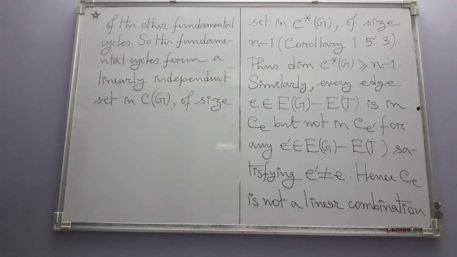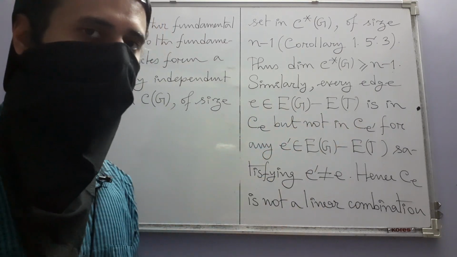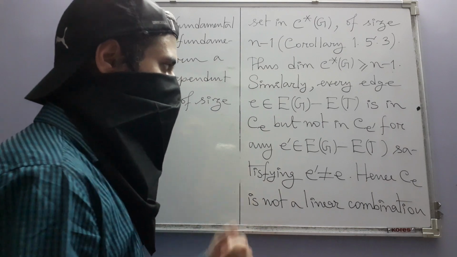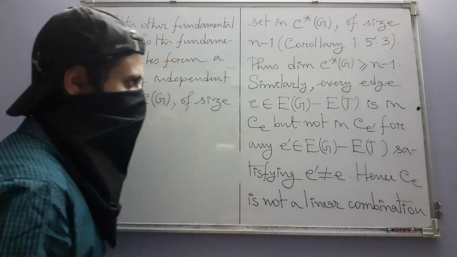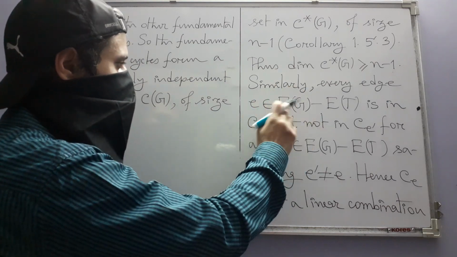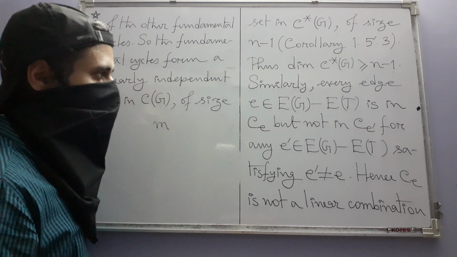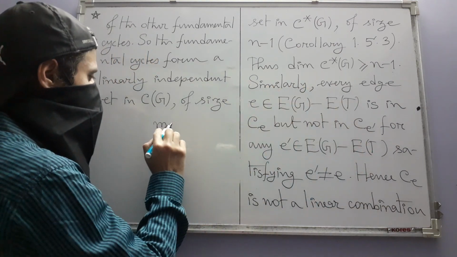So how many fundamental cycles are there? For each edge here we have one fundamental cycle, and distinct such choices give us distinct fundamental cycles. So what is the size of this? How many elements are there? How many edges does G have? M edges. How many edges does T have?